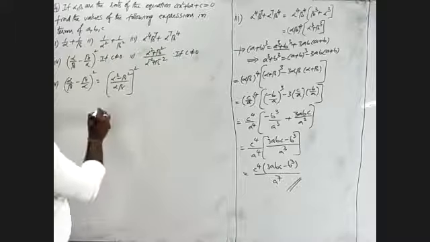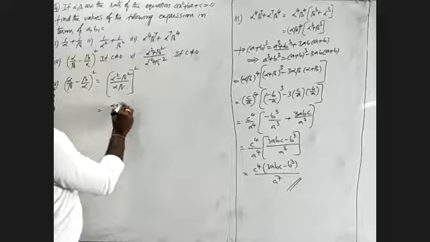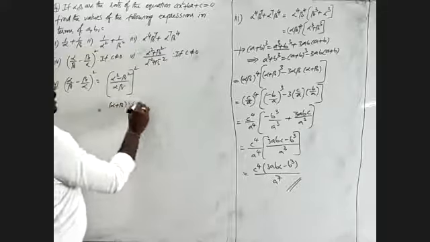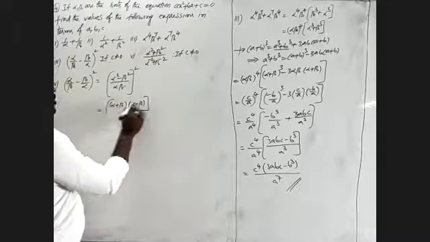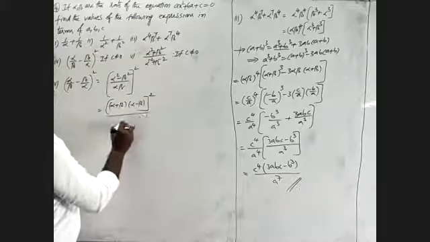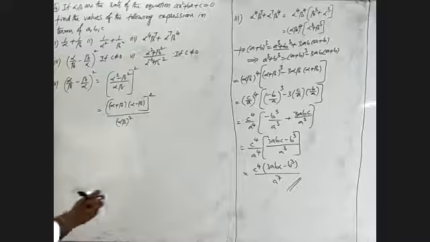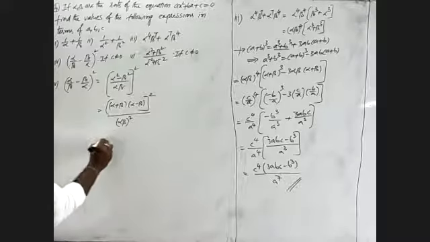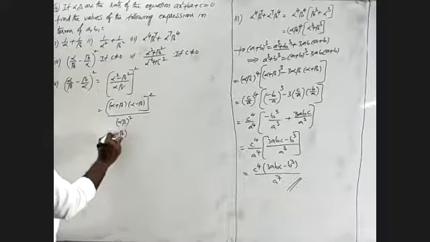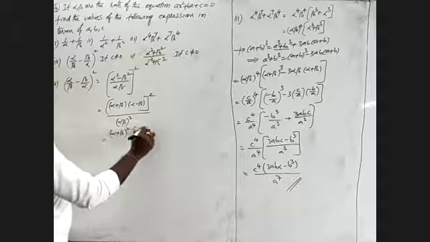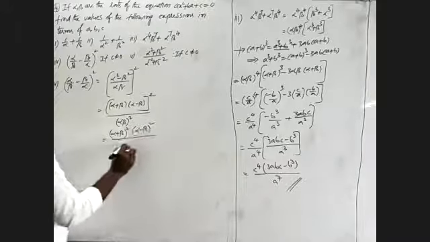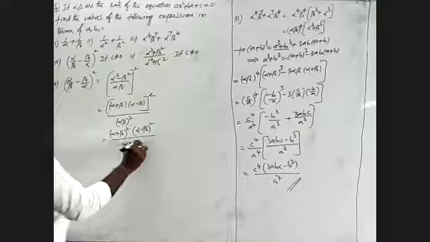That means alpha plus beta into alpha minus beta whole square by alpha beta whole square, which is alpha plus beta whole square into alpha minus beta whole square by alpha beta whole square.